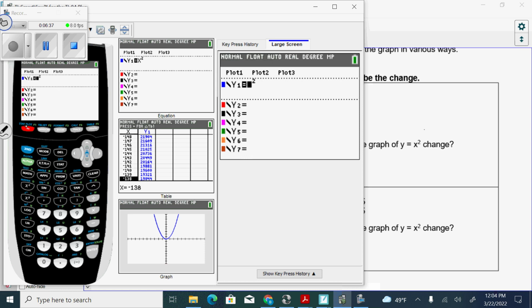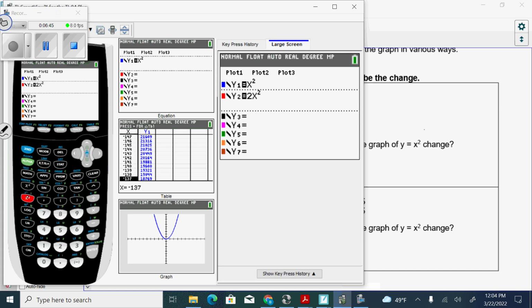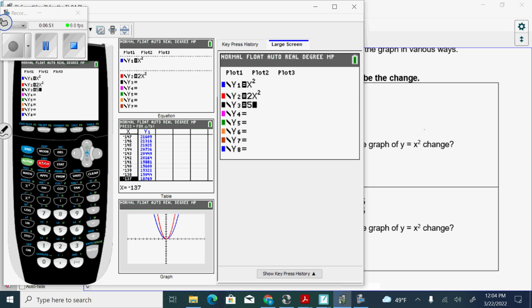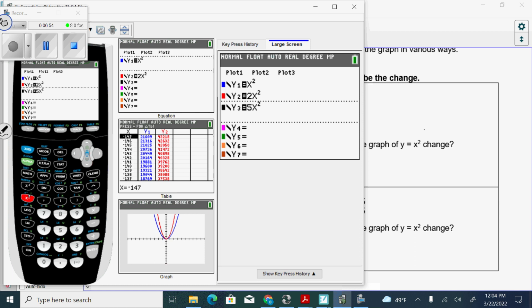In y1, I'm just going to leave it as x squared. In y2, I'm going to change it to 2x squared. And in y3, I'm going to put in 5x squared. Okay, everybody got those typed in?